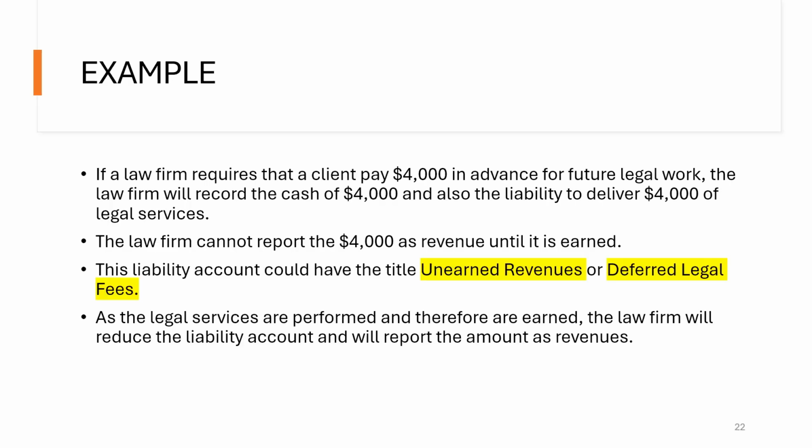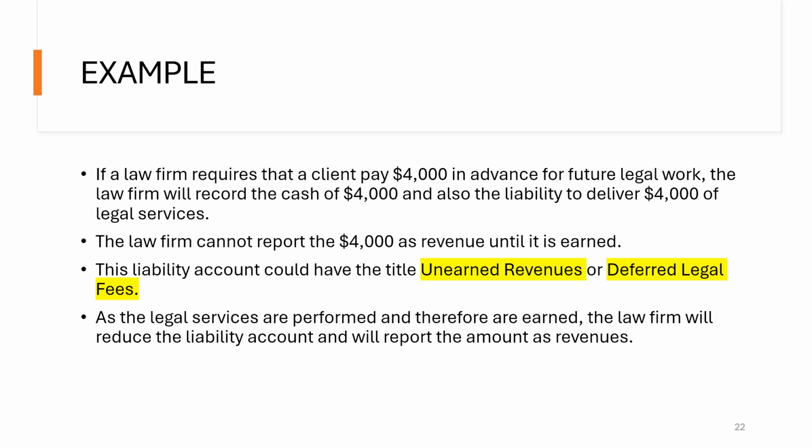Some more examples. If a law firm requires that a client pay $4,000 in advance for future legal work, the law firm will record the cash of $4,000 and also the liability to deliver $4,000 of legal services. The law firm cannot report the $4,000 as revenue until it is earned.